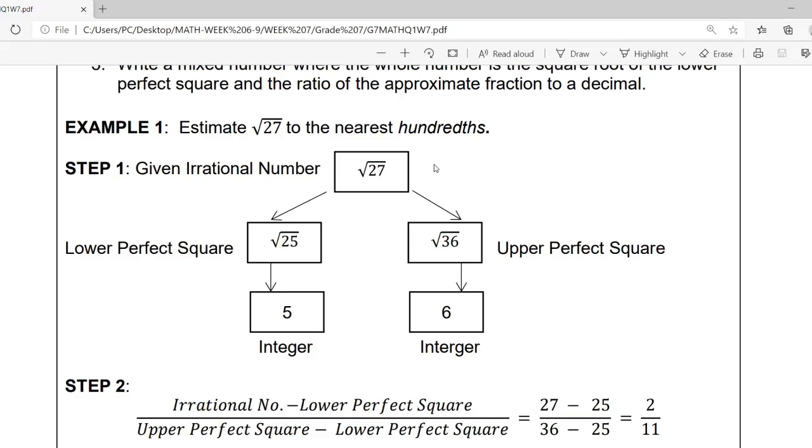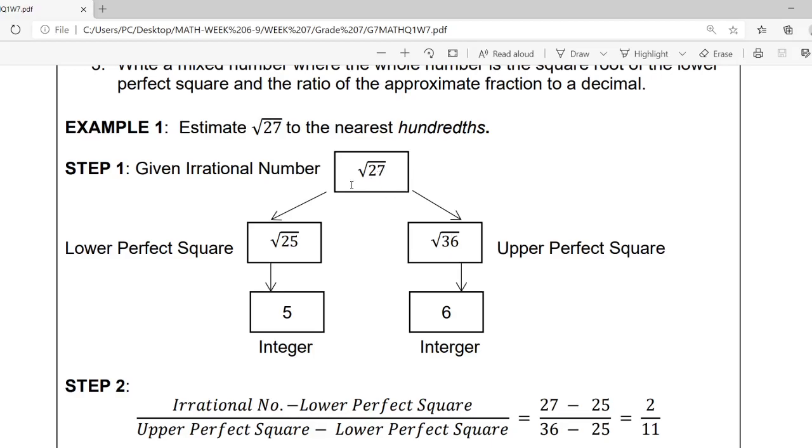We have 1, 4, 9, 16, 25, 36, and 27 is in between 25 and 36. The lower perfect square number is 25 and the upper perfect square number is 36.